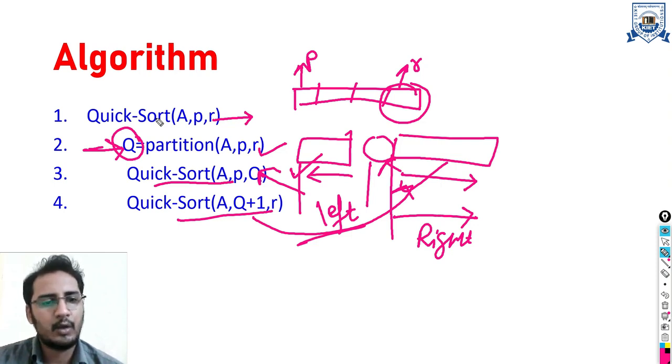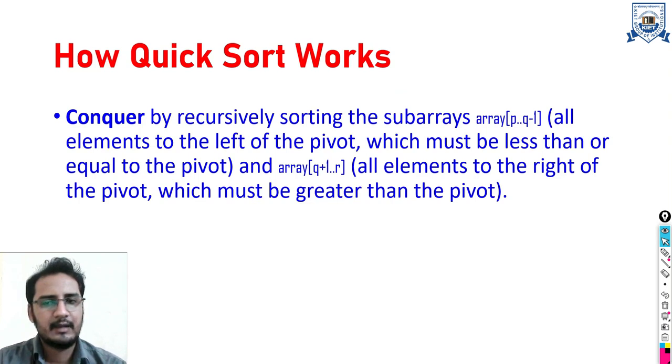Now let's see what the conquer part and the combine part are in the quicksort algorithm. As we know, in the divide part, we are selecting the pivot and taking it to its correct position. Now in the conquer part, we are recursively sorting the subarrays from the starting till the pivot, that is the left hand part of the array, and from the next element of the pivot till the end of the array, that is the right part.